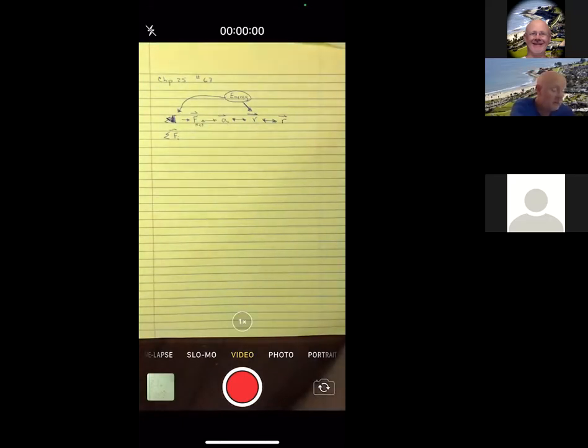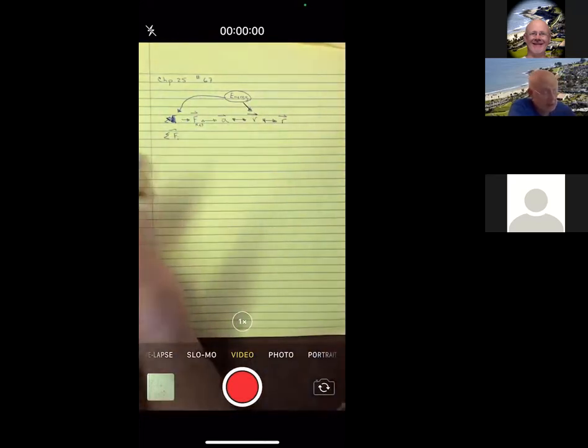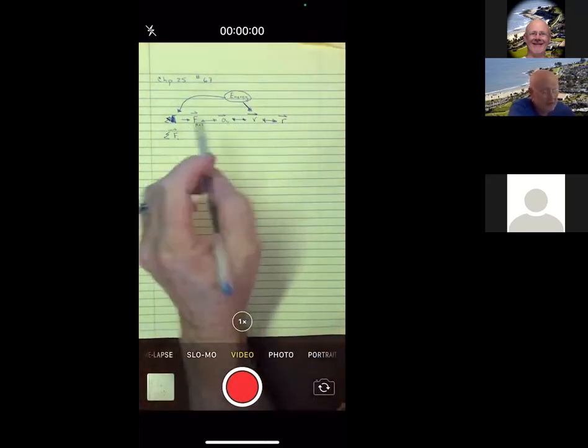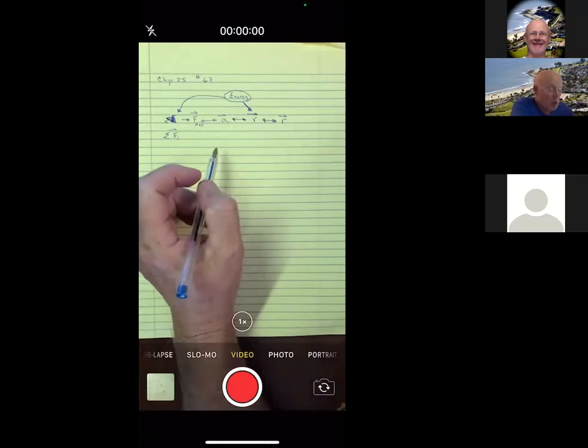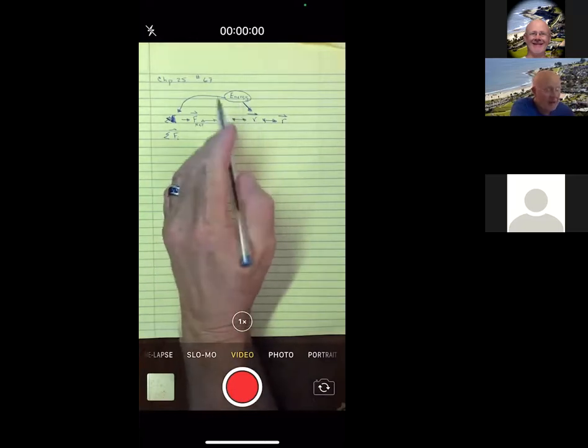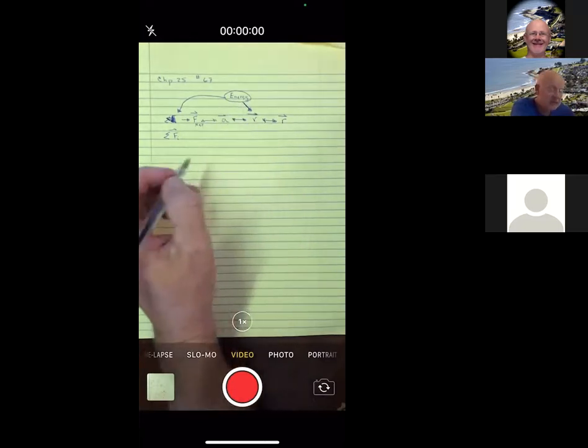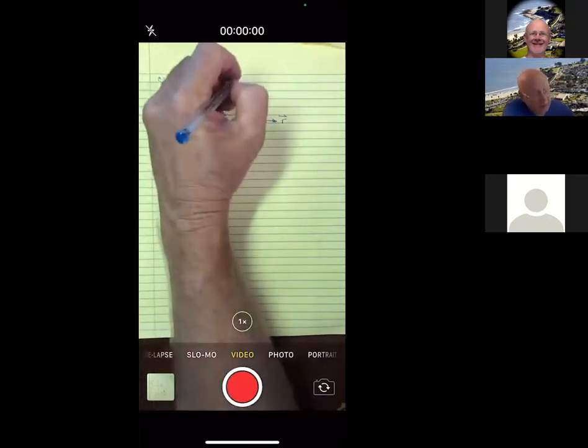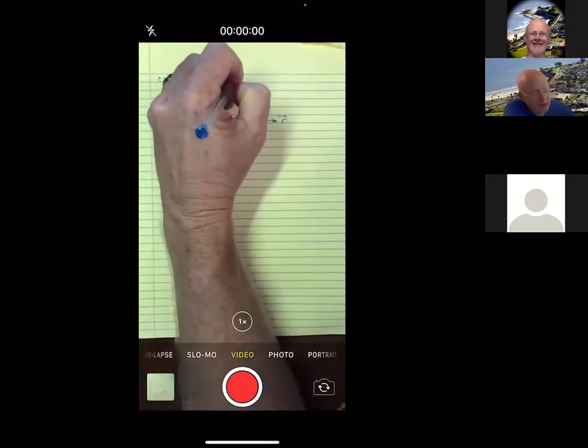Well, that's what I was saying in the last problem, or as I finished up the last problem, was that, why do we care about the potential? Because it leads to potential energy. So I'm going to put right above energy, potential.